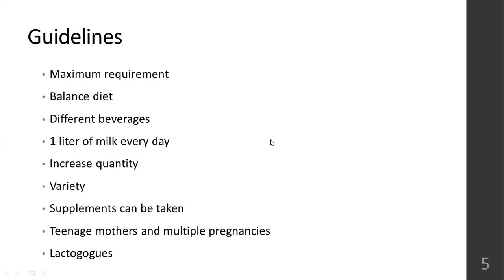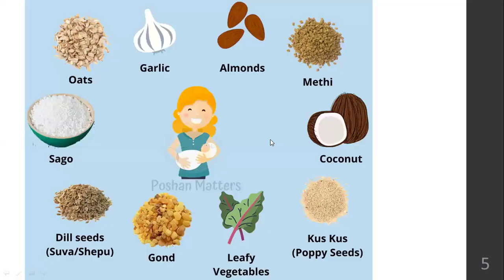Okay, and you can have almonds, badam, goat milk, fish, mutton. Okay, so these all are some examples of lactogogues which can enhance your milk production. Some of the lactogogues are mentioned here: garlic, almonds, methi seeds, methi ke laddu or methi leaves as well, coconut, poppy seeds, kaskas.